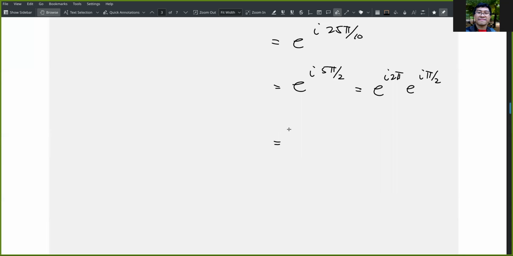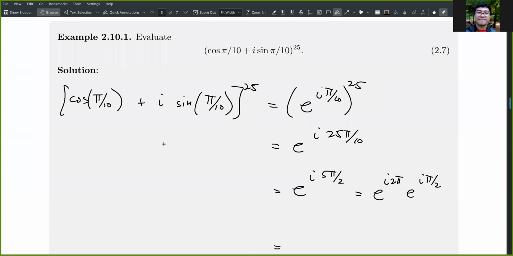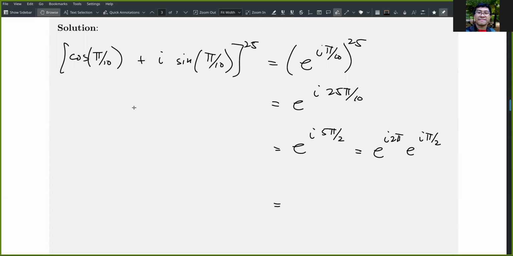And this would further simplify to, this one is 1, and this one e^(i pi over 2) on a complex plane, pi over 2 is here.